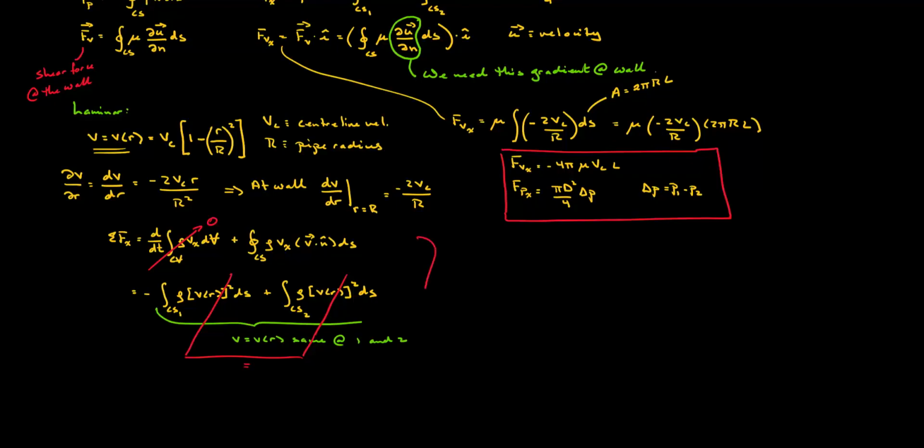What we are left with is that the sum of the forces in the x direction is equal to 0. So we have Fpx plus Fvx is equal to 0 in the fully developed region.